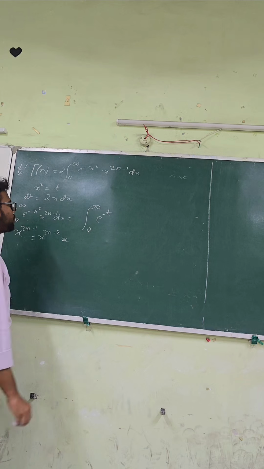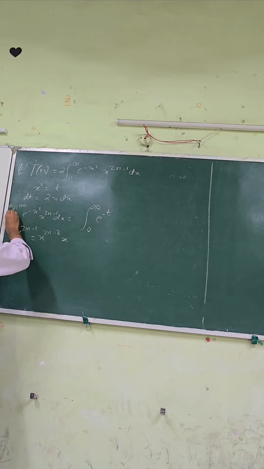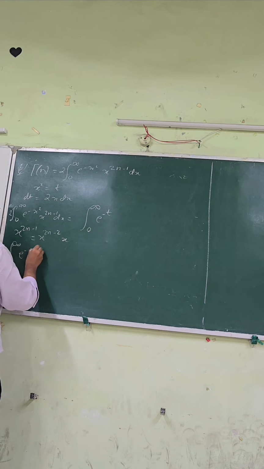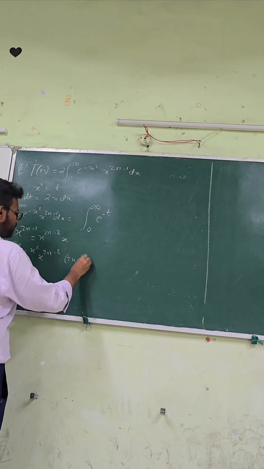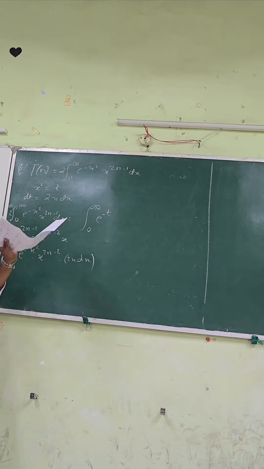Notice that there was a 2 over here, so you change it like this: integral 0 to infinity of e to the power negative x square, x to the power 2n minus 2 into 2x dx.